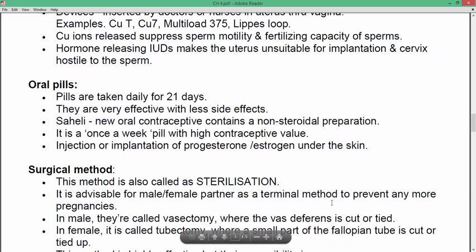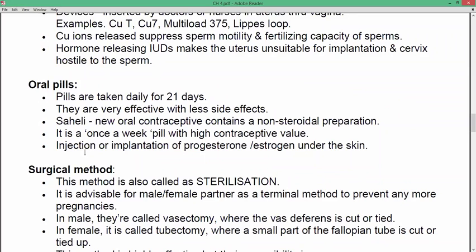Most of the oral pills contain steroidal content, but Saheli is non-steroidal, right? It is a once a week pill with high contraceptive value. They can easily act upon the whole process and stop the fusion of the male and female gametes.